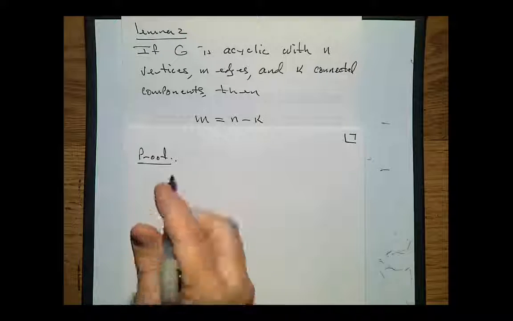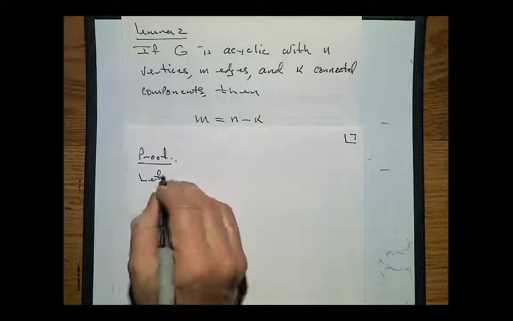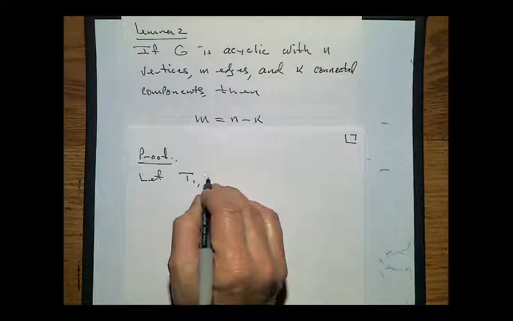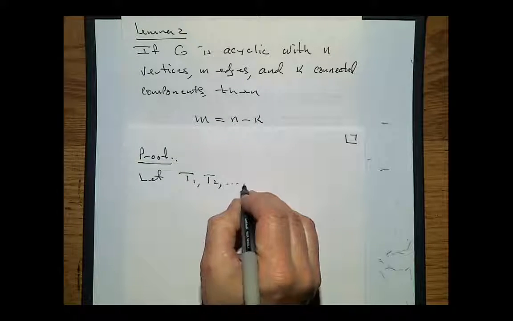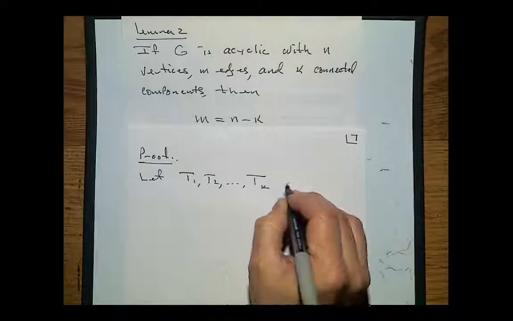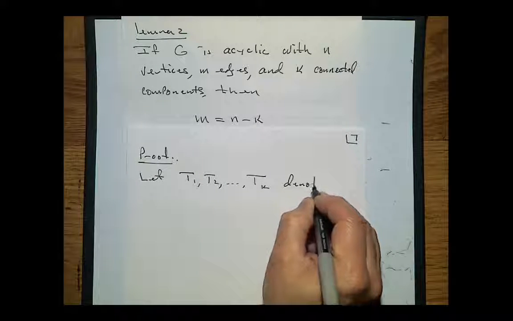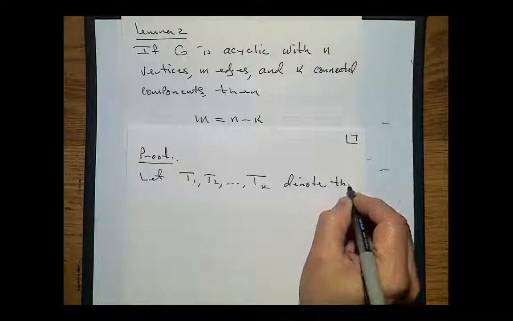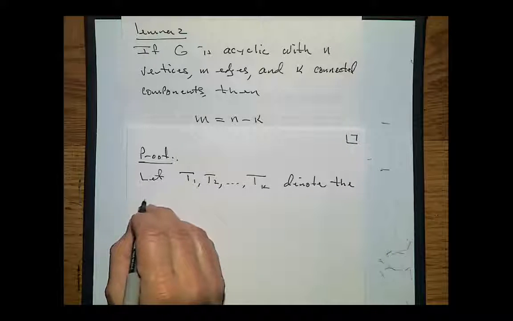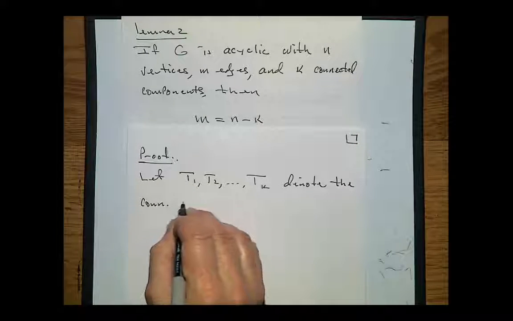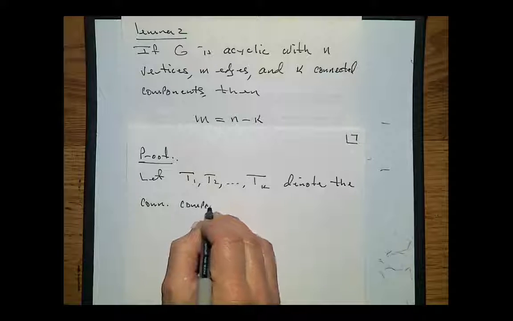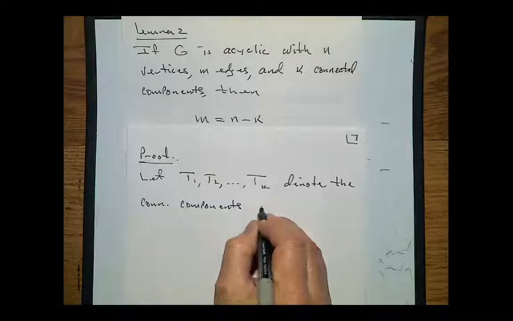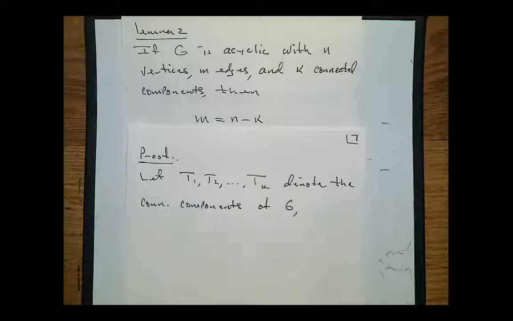So let T1, T2 up through Tk denote the connected components of G, which are necessarily trees.